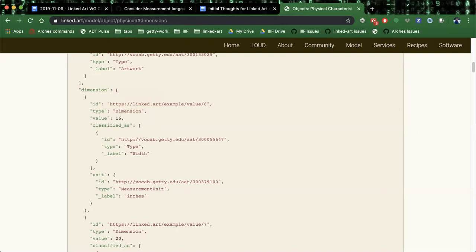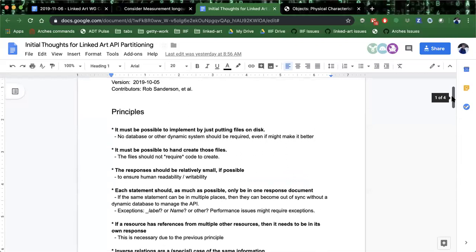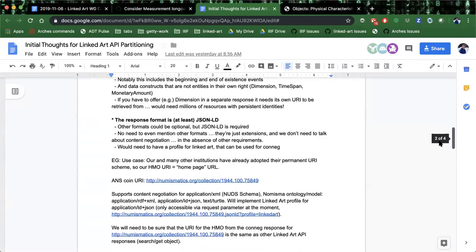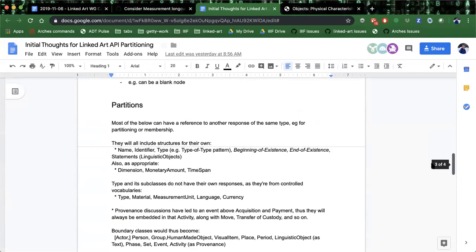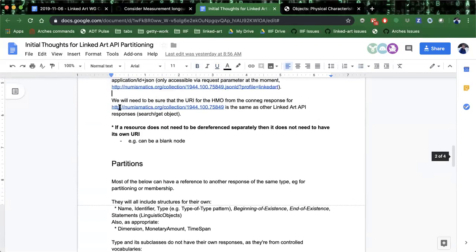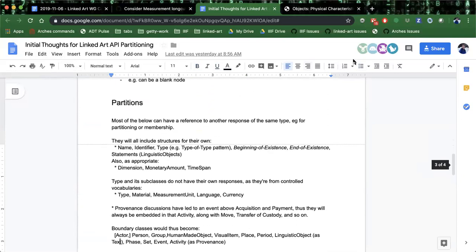So go on to partitioning, which we've already started to talk about. Last call and a little bit of the call before, we walked through some of the principles of how to split up the graph into little chunks, and I believe got to here. To take these principles and apply them to what we have, there will be some structures that will never be split out.